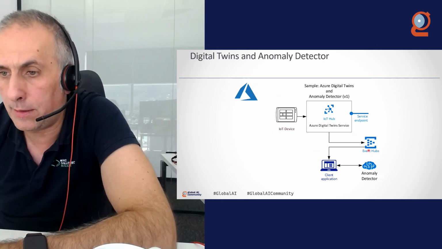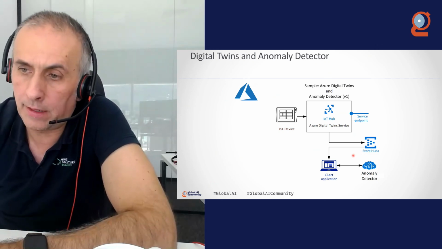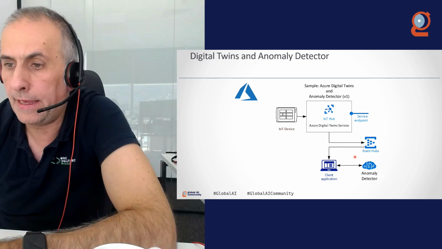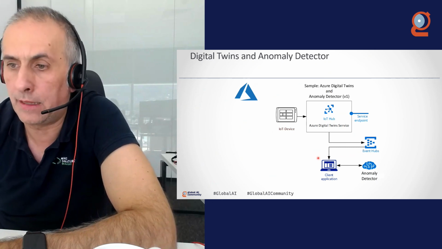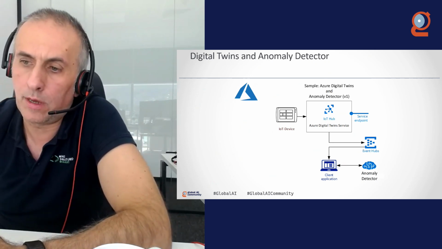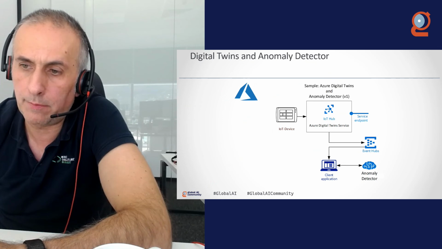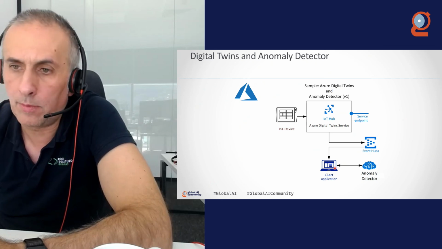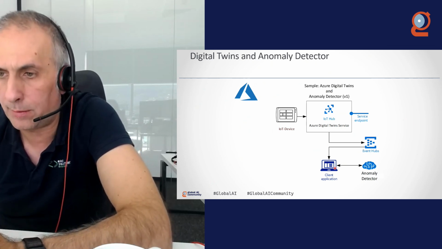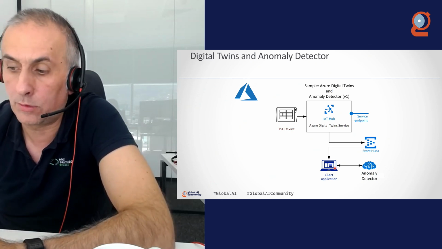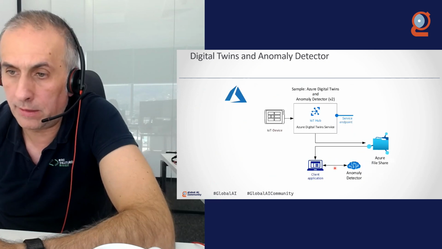From Azure Digital Twins, another service is getting the needed information without knowledge of the whole model, and this service is sending this information, after some restructuring, to the Anomaly Detector service. The Anomaly Detector service is returning information on whether we have anomalies. If we have anomalies, additional logic is included, and we can take some next actions related to predictive activities. So this is the most important.